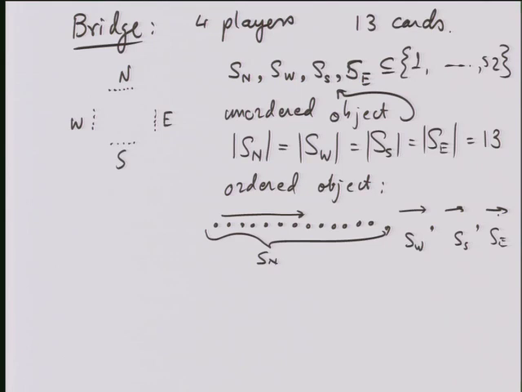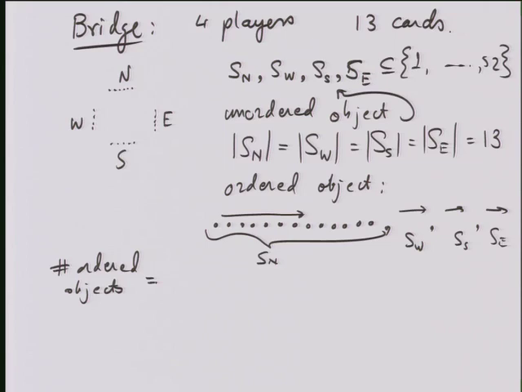So now, how many ordered objects are there? Well, clearly, to count the number of ordered objects, you just have your 52 cards lined up in some order. How many different orders are there? Exactly 52 factorial, right?